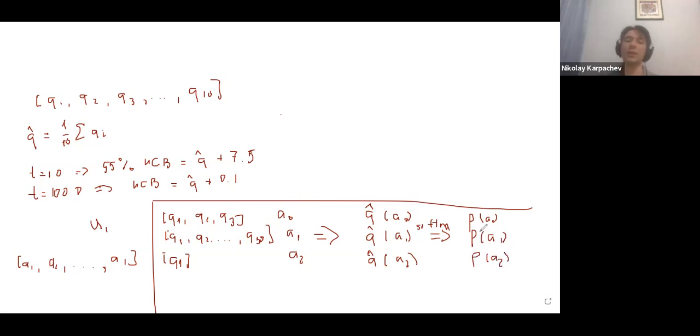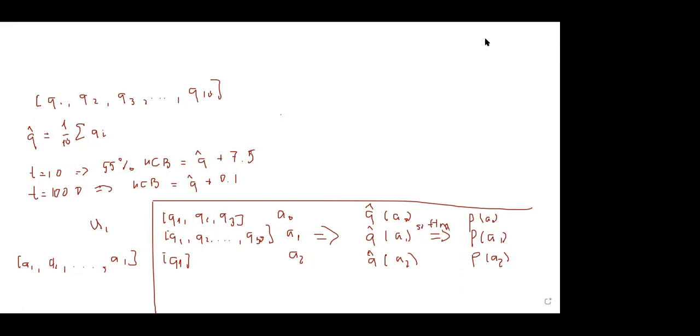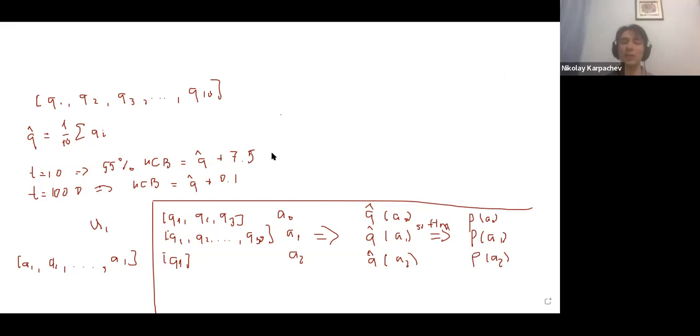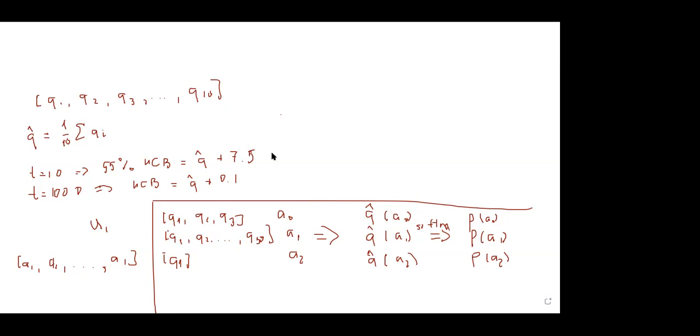And we will select action based on those probabilities. Those probabilities form the new multinomial distribution over actions, and from this distribution we sample. Clear. Thank you.